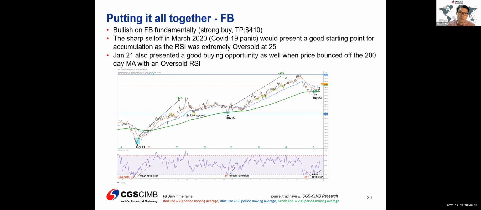A good example I would like to highlight is this stock here, Facebook, ticker code FB, recently renamed to Meta Platforms.